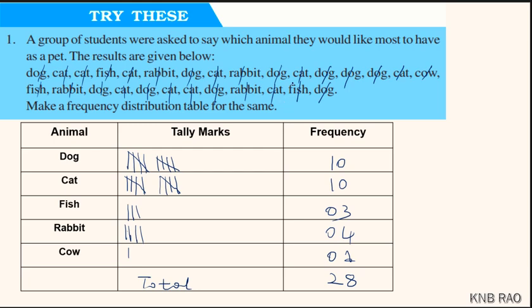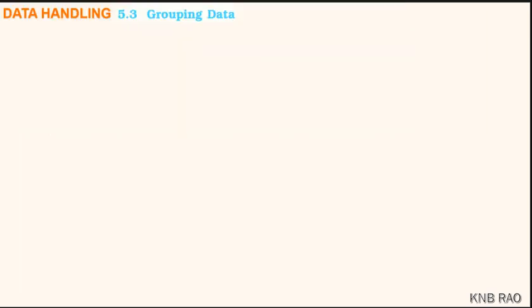Okay. Now, moving further, here we are going to learn another important topic called grouping of data. Children, what is this grouping of data? I will give you an example and I will explain with that.